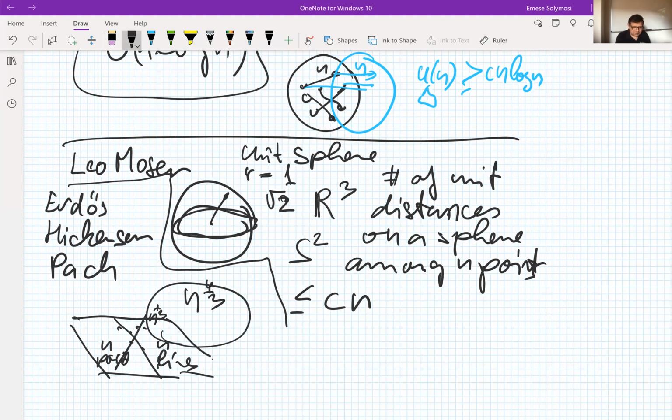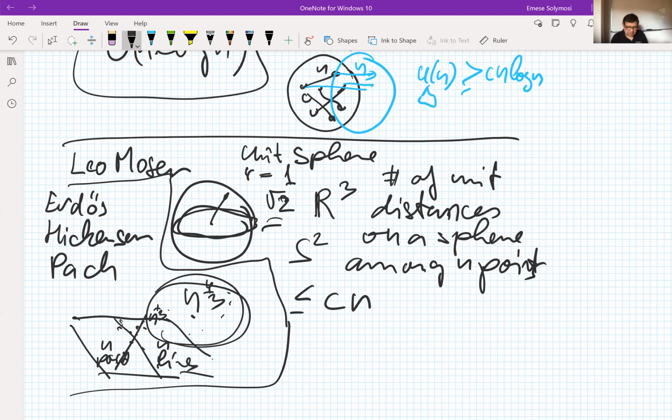Then you put a sphere on top of it, and every line with the center of the sphere will cut you a main circle, and there you have many points. Those points with the North Pole and the South Pole will give you this distance, and from every point you have then n to the 1/3.